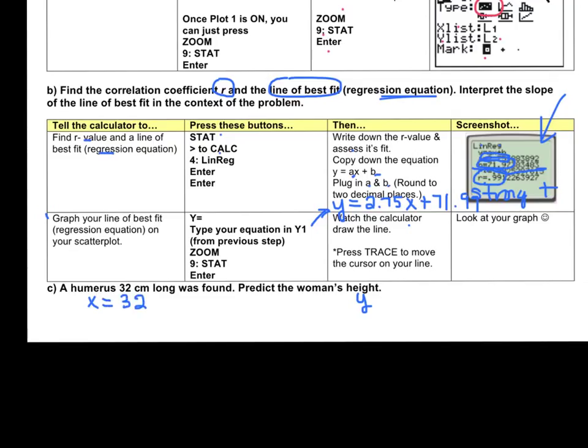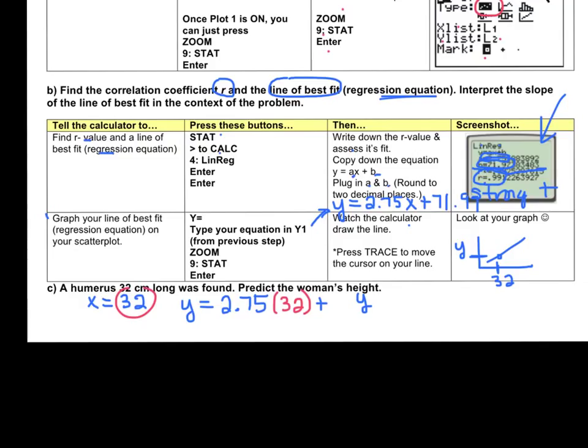We could look at our graph and go to the x-axis and go over to where x is about 32, and then see where that is on the y-axis. So we could do it that way. Or, because we have a pretty simple equation here, we can plug the x value into our equation. So we'll take that 32, plug it in for x, and then calculate it out.